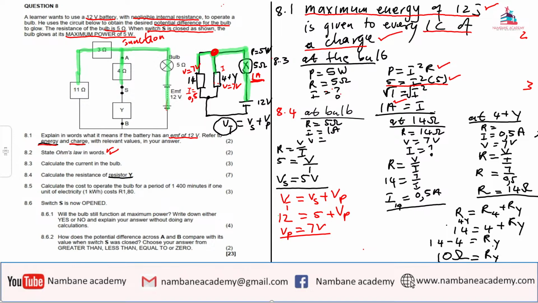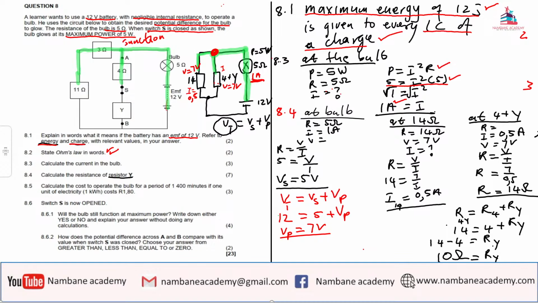Yes, Moteo, follow-up question, please. Yes, I understand that. And also, at least I understand the 14 ohm. I want to also know the 4 plus y part. Okay, let's look at the diagram that I drew.